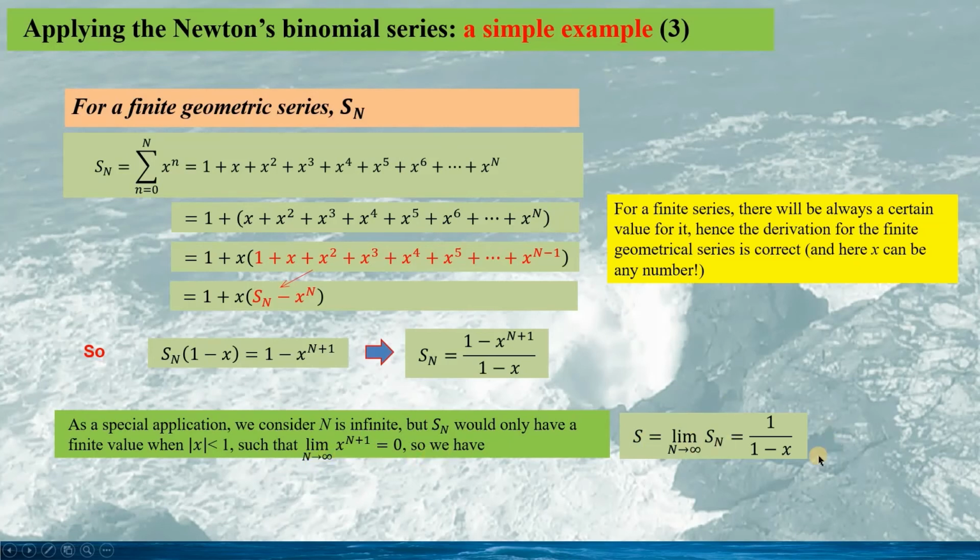As such, we have the expression s equaling the limit of Sn when n is infinite. So we have the expression. So again, we see the expression s equaling this is only for absolute x less than 1.